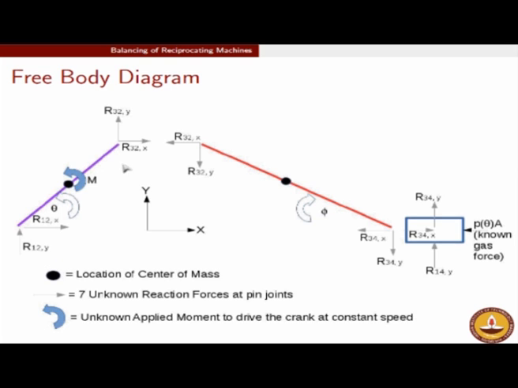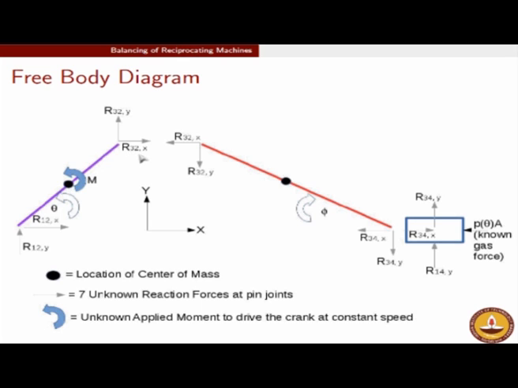With that nomenclature, the free body diagram of the crank will have an unknown moment over here. There are unknown forces which come from the interconnection with the frame, which I call R12,x and R12,y. Similarly, at this end where the crank is connected to the connecting rod, because of the interaction forces between the crank and the connecting rod, there are forces at play. R32,x denotes the force from 3 to 2; if you recall, 3 is our connecting rod, 2 is our crank.